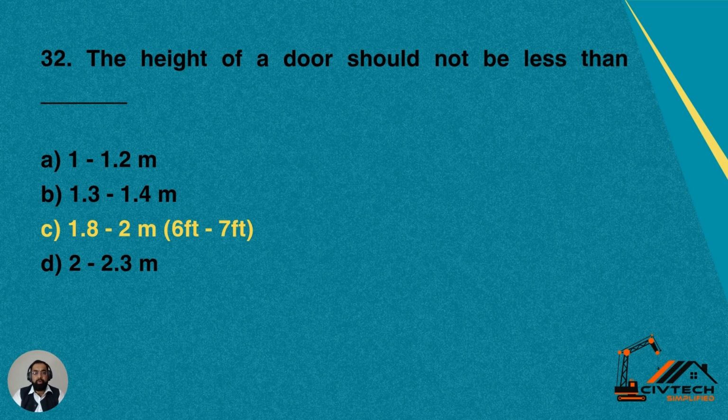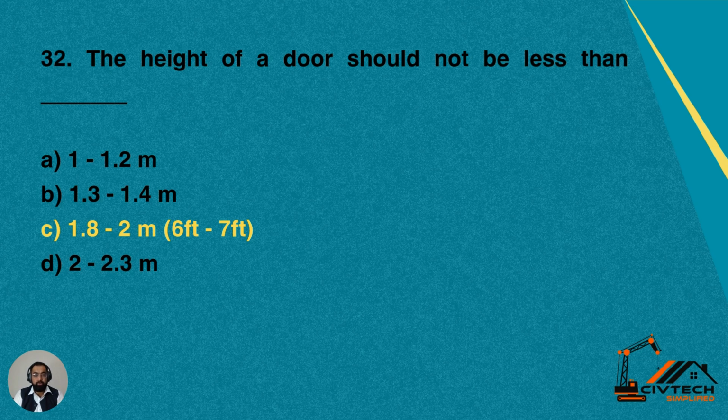Number 32. The height of a door should not be less than. Normally, we keep the doors 6 to 7 feet. Standard height is 7 feet, but 6 feet doors we can also provide as per the requirement of the site.